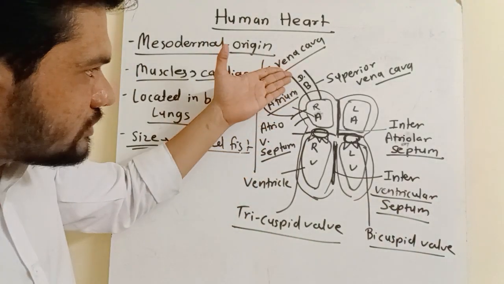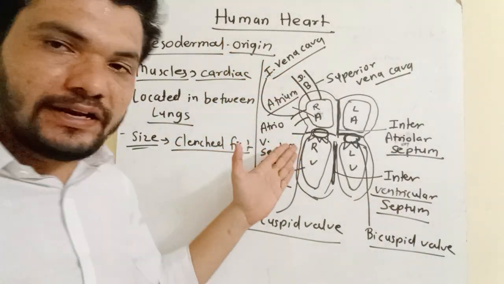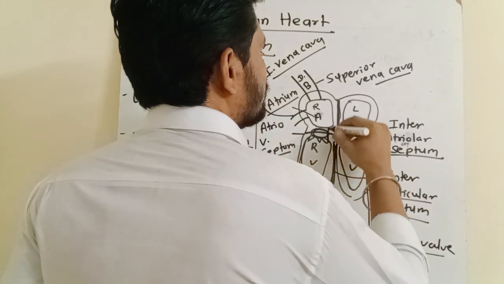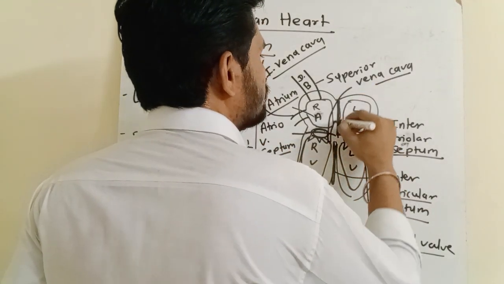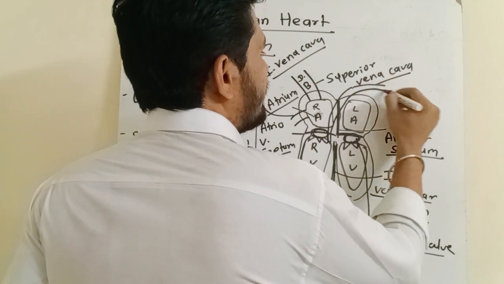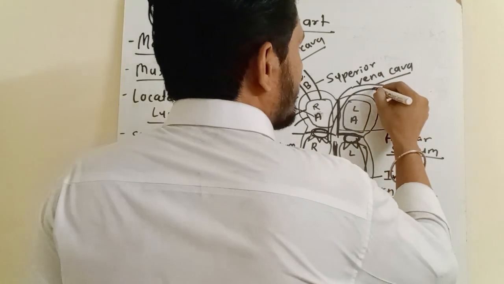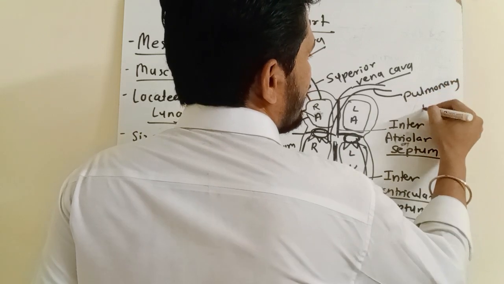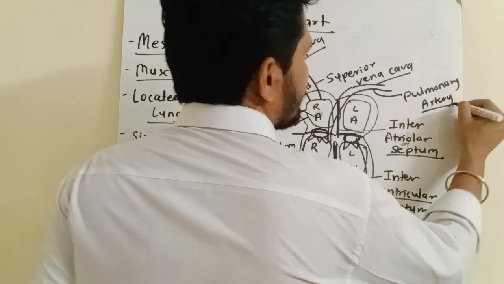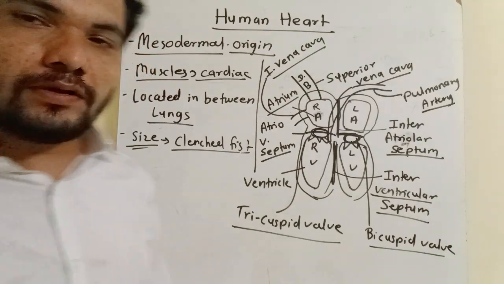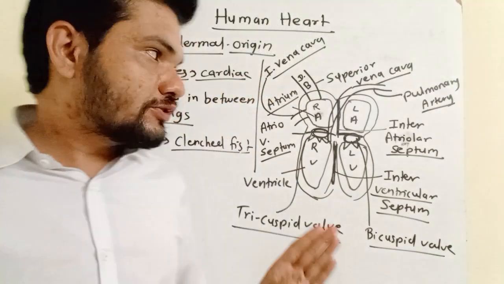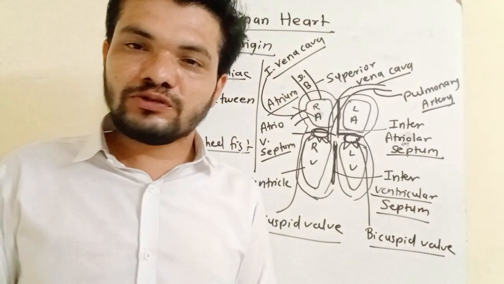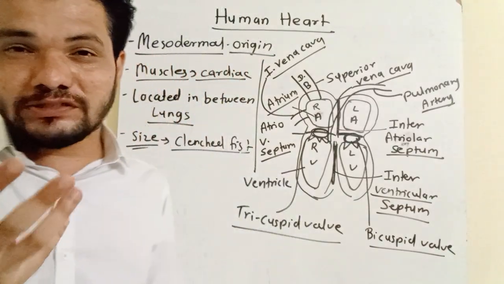Then when deoxygenated blood reaches the right ventricle, it will be transported to the lungs through the artery called the pulmonary artery. So deoxygenated blood needs to be oxygenated. Who will be responsible to oxygenate it?